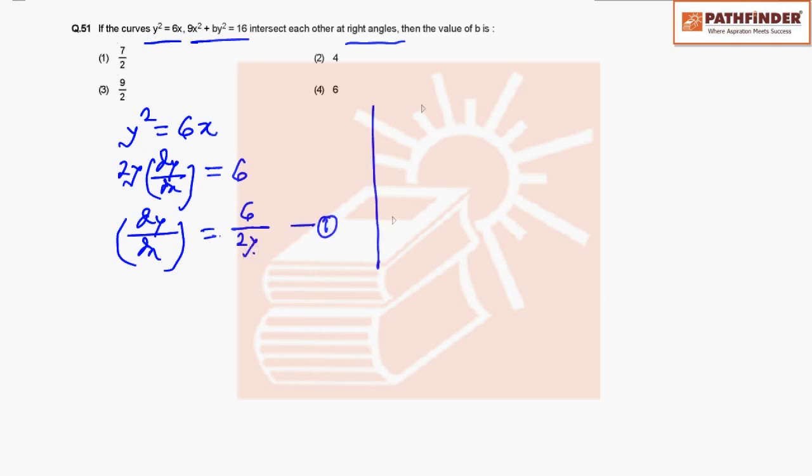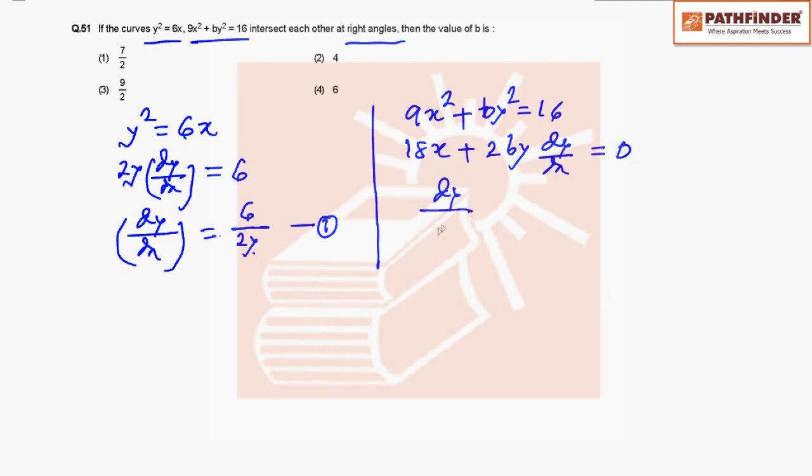From the second equation, 9x square plus b y square equal to 16, we get 18x plus 2by into dy by dx equal to 0.